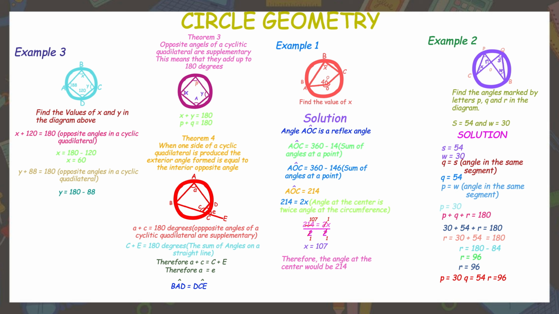So y is equal to 180 minus 88. That means we are having 180, 88. It's impossible to put 2 here. So 8 from 17, we have 9. So our y is equal to 92 degrees. So that is the value of x and y in this diagram.